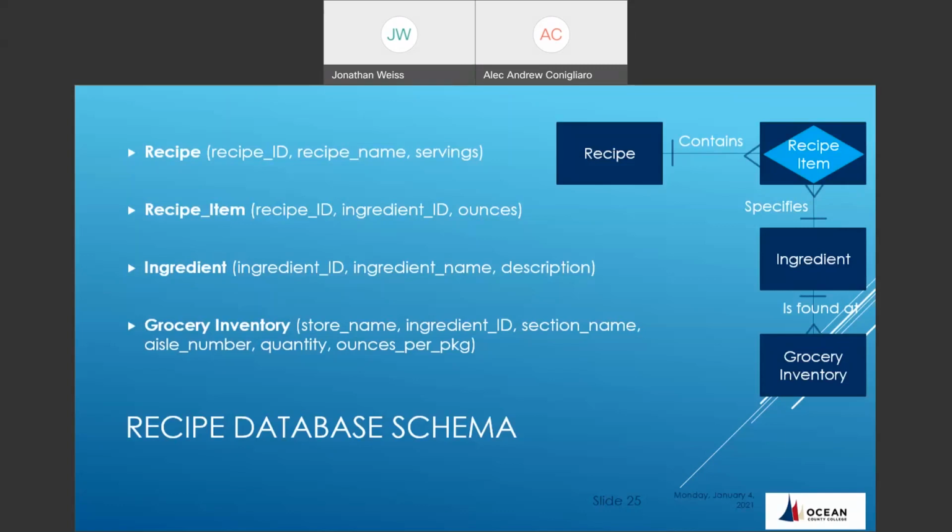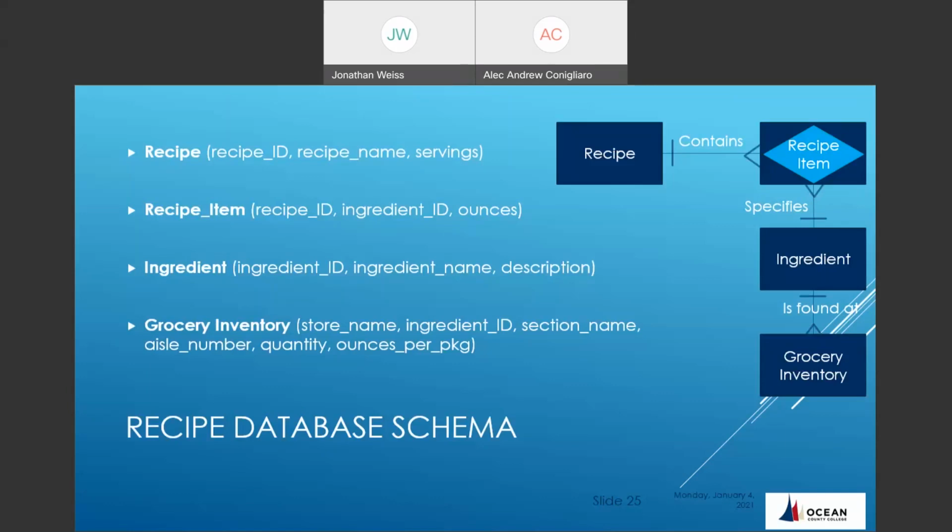So if I go to Stop and Shop and say I'm looking for oregano, they can say, okay, well, we have oregano in our spices section. We have 10 packages on hand, 10 3-ounce packages on hand.